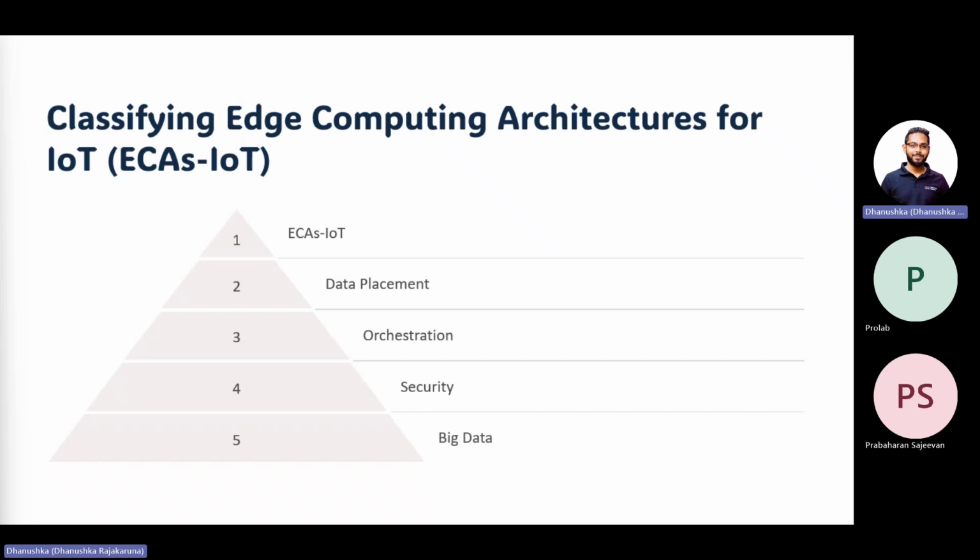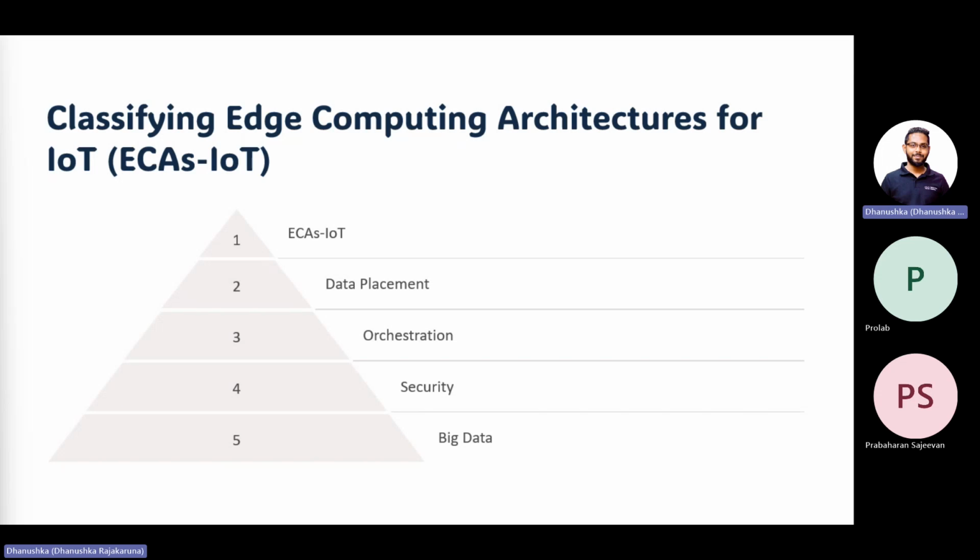Classification based on functionality: data aggregation architectures like smart meters in utilities, real-time processing architectures like autonomous vehicles, AI-driven architectures like Edge AI in healthcare for diagnostics, and security-centric architectures like edge computing in financial IoT systems.